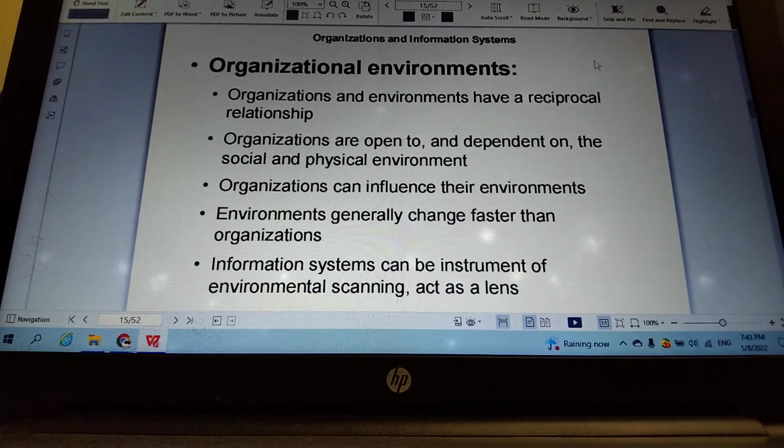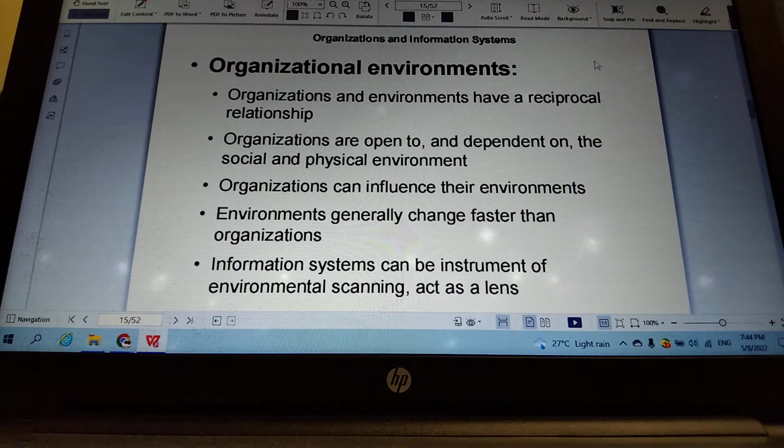We know organization and environment have a very close relationship, and due to some reasons or many factors, the environment generally changes faster than the organization, right? So you might see some organizations that have been there for many years, doing the same things, practicing the same things.